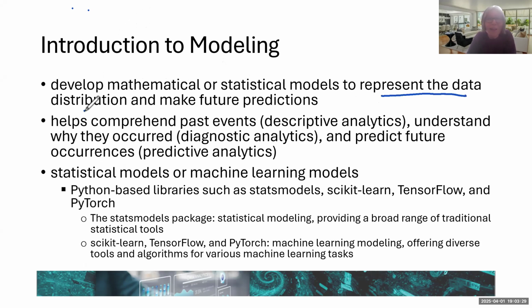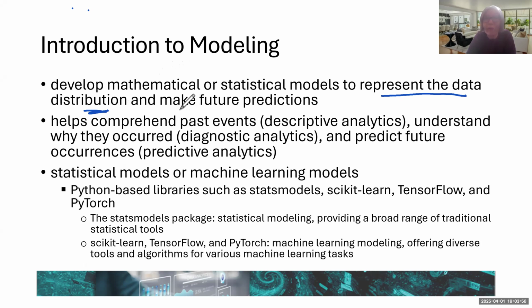Okay. So modeling is to use math or statistical models and also machine learning models to represent the data distribution. And previously, if you recall, when we discussed data analysis with the various plotting, it also revealed some data distribution. But here, we are going to use a model to represent the data distribution.